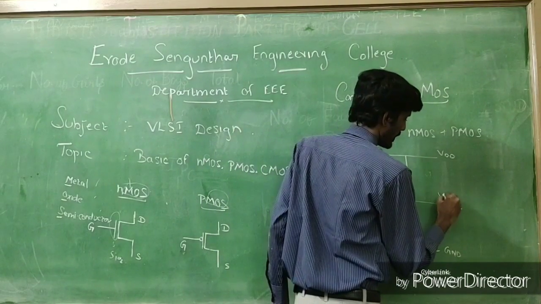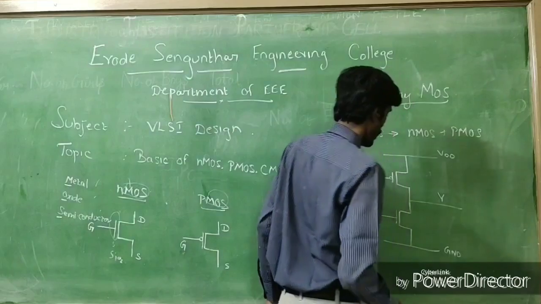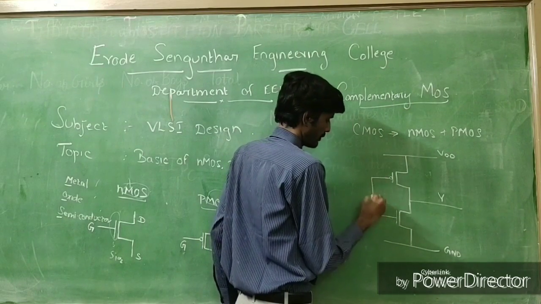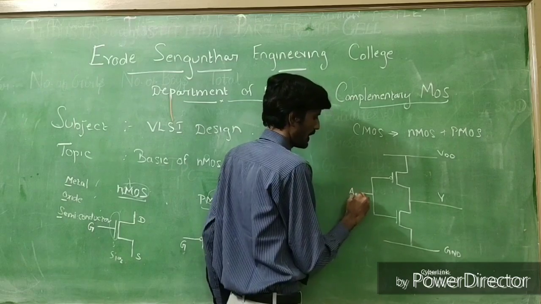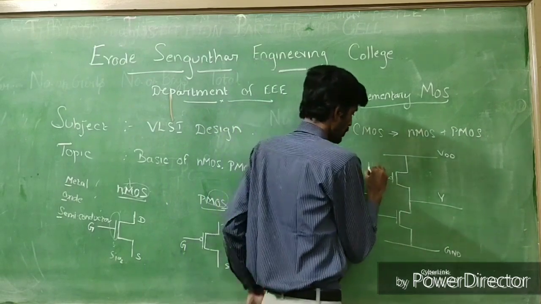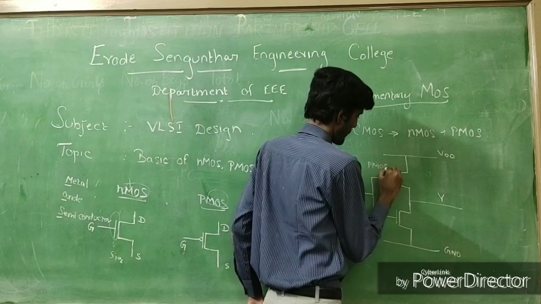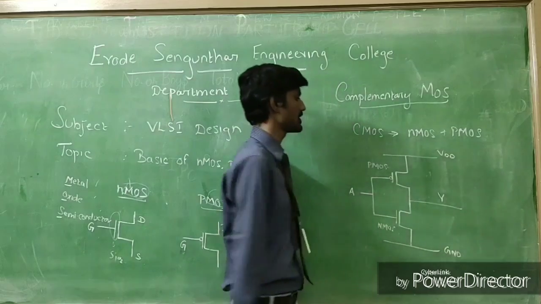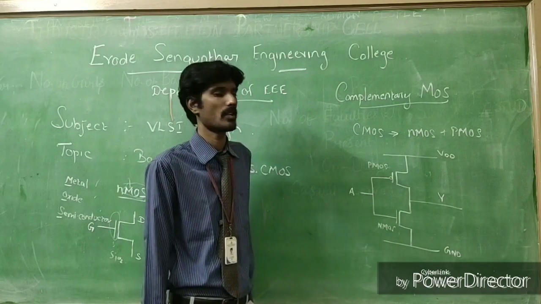We represent the output as Y. A is the input and Y is the output. This is the PMOS and this is the NMOS. This is the structure of the complementary CMOS category.